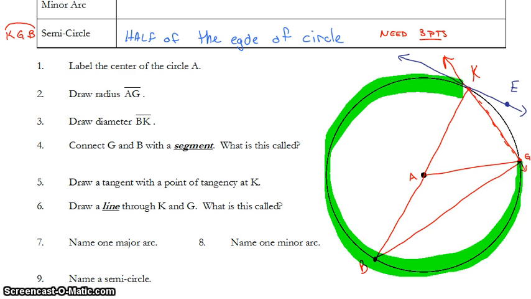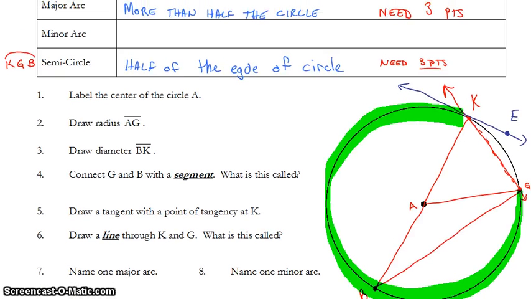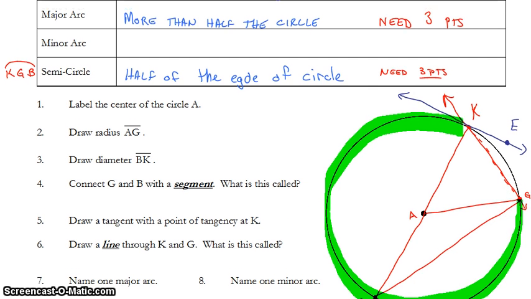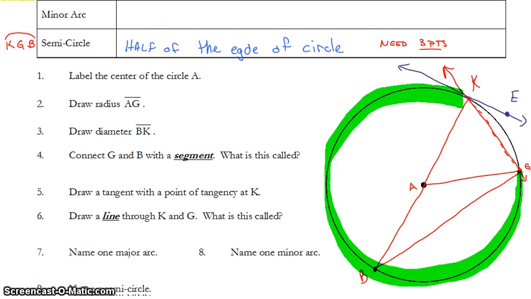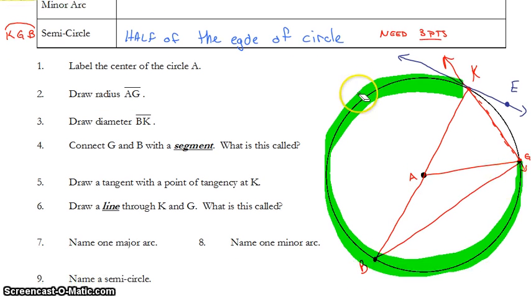The 3 points we're dealing with are in order, and it doesn't matter if I start at K and go to G or start at G and go to B. What matters is B is in the middle, so when I drew it, I started at G, went through B and hit K. And there's my arc symbol. So those are very similar notations. The only difference is you have to be able to look at your circle and determine, is it exactly half or more than half?